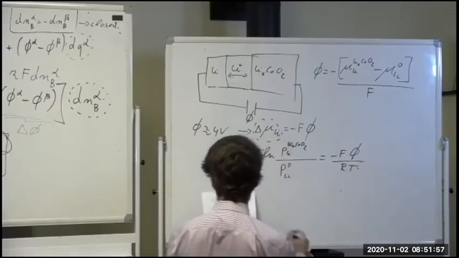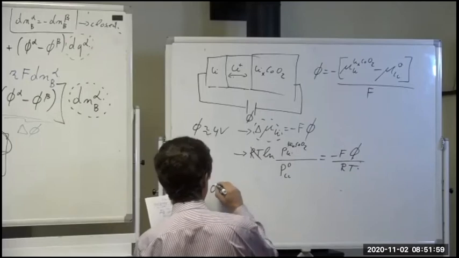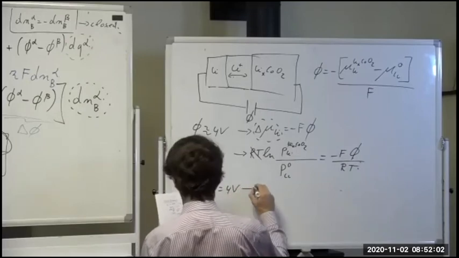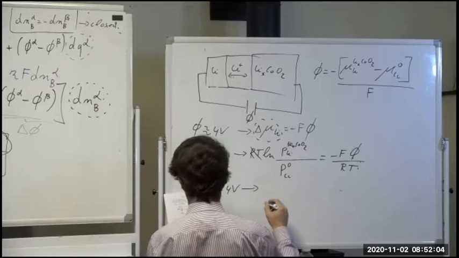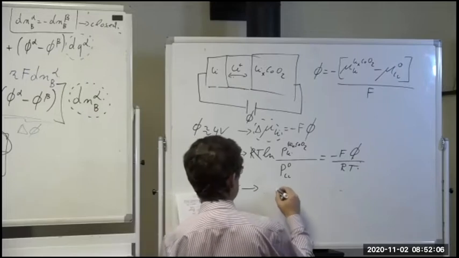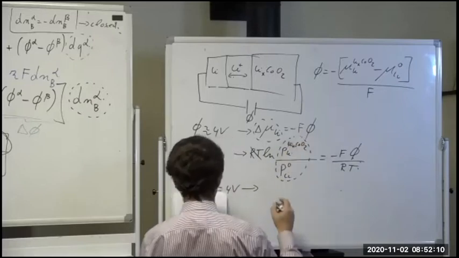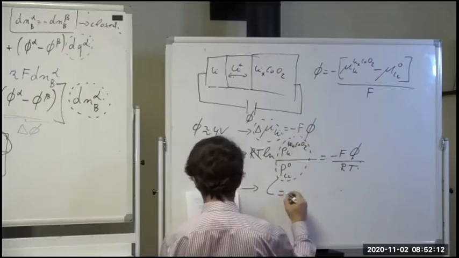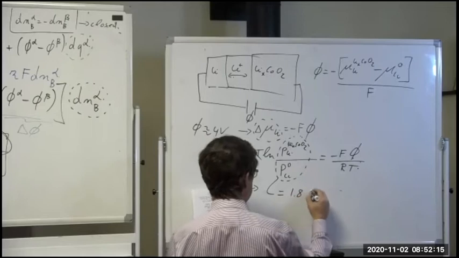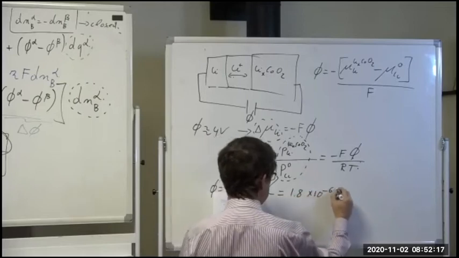To put in some numbers, for a potential that's 4 volt and at room temperature, this ratio is equal to 1.8 times 10 to the minus 68.